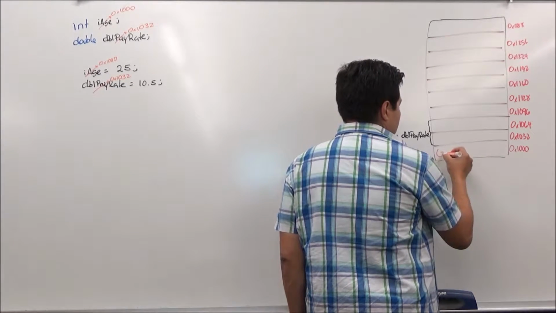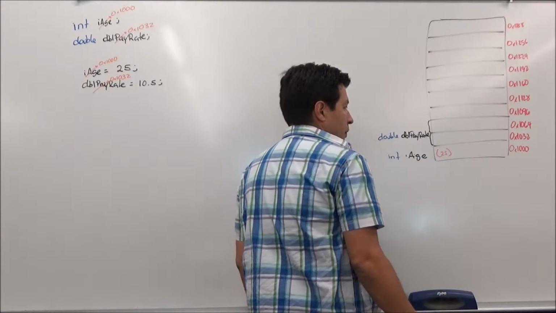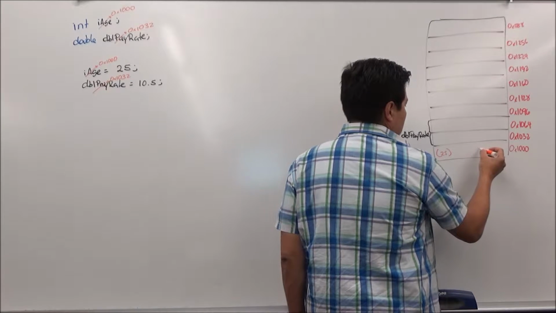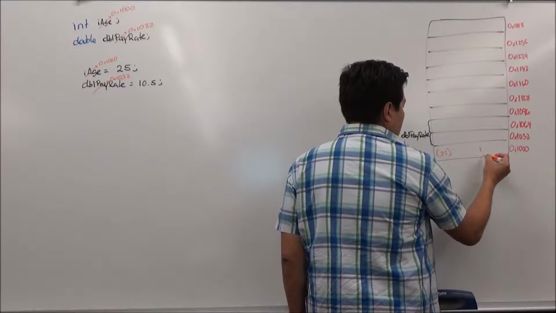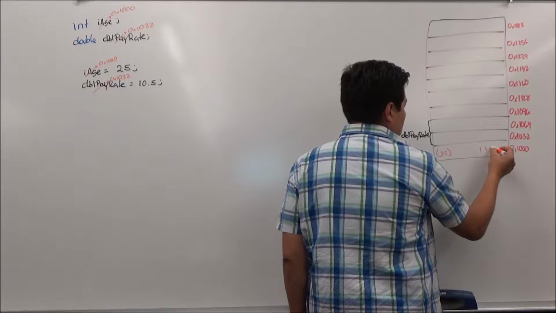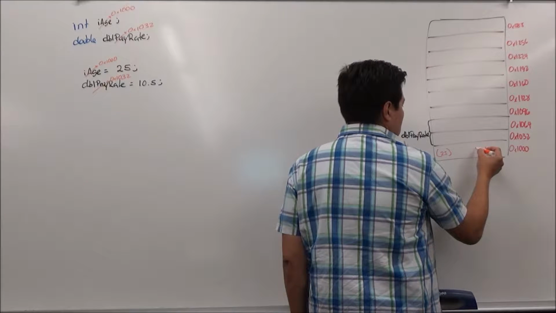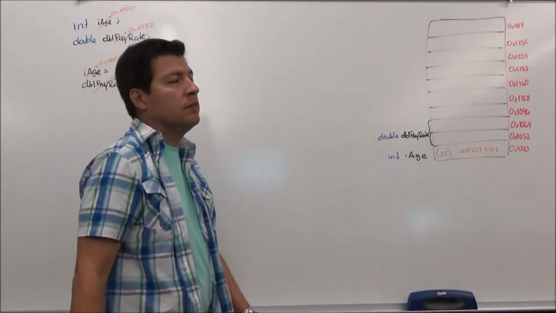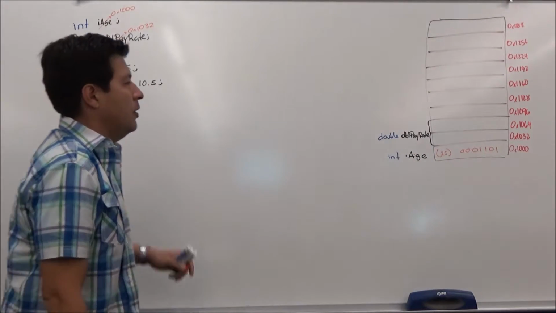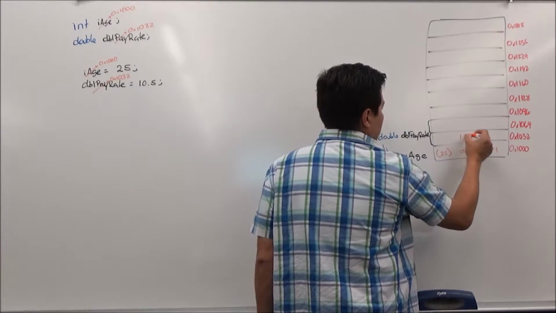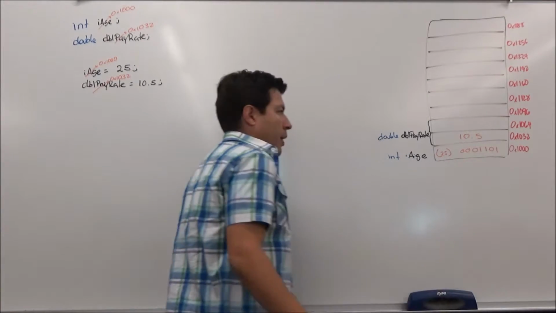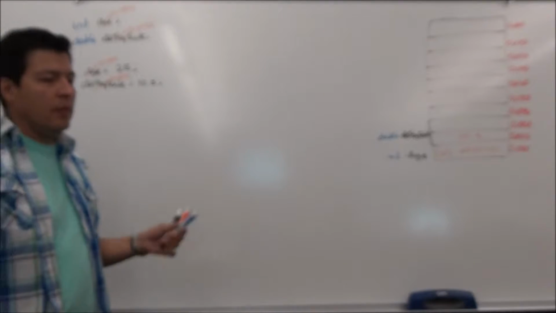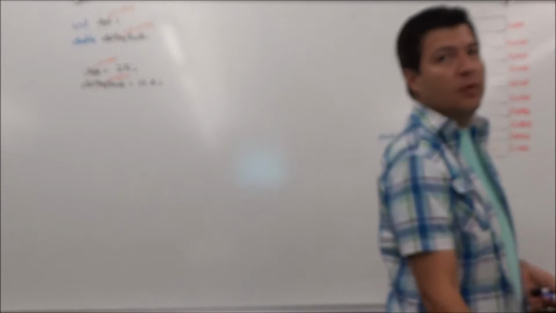So I'm going to put it in parentheses 25, and it will be, what, let's see, 16 is the fourth, right? So 9 is 8, 0, 1, and so on. Put the value 25 in there, in binary. Next one is 10.5. I'm not going to write that in binary. So that's the easy part, right? That's what you've been using.